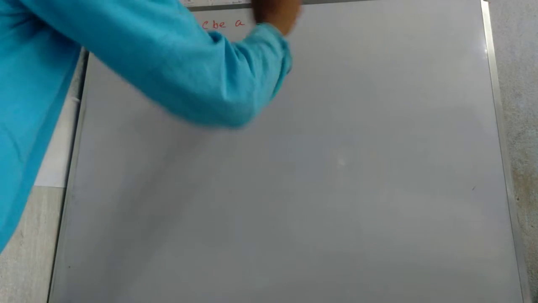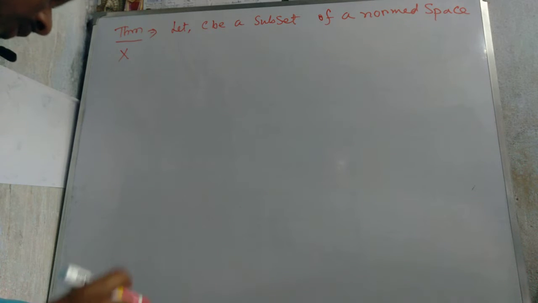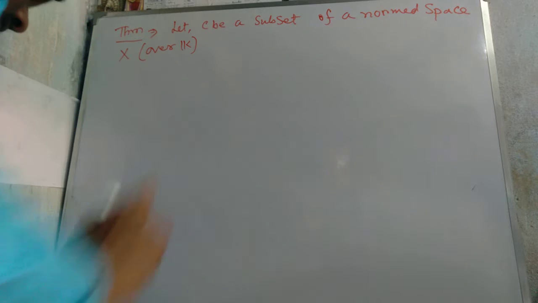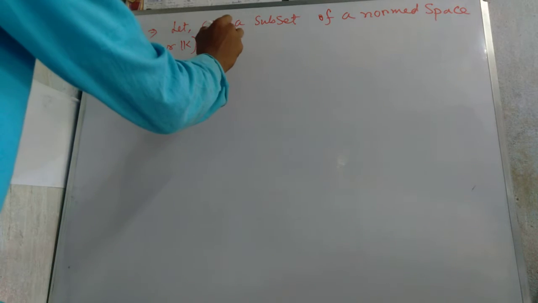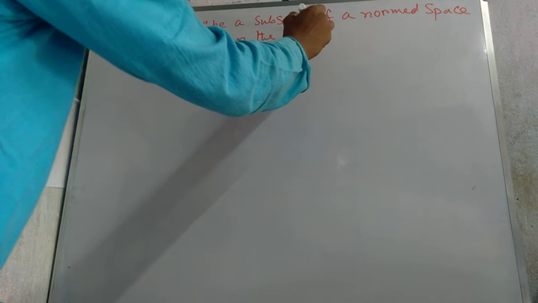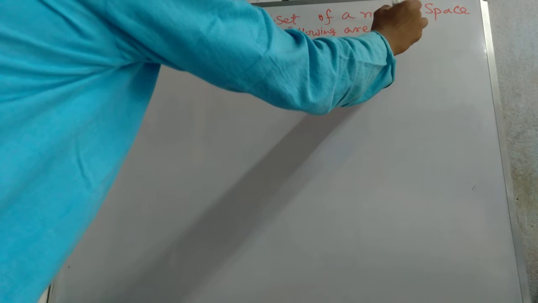Let C be a subset of a normed space X over K. Then the following are equivalent.